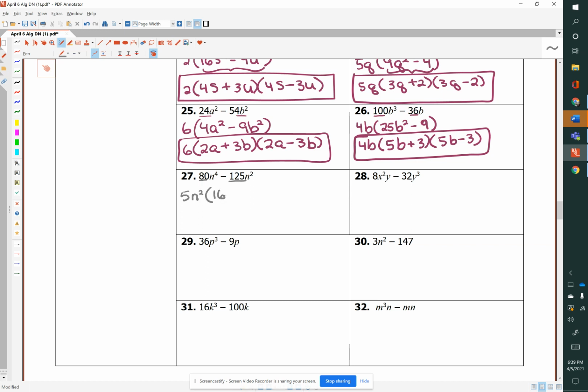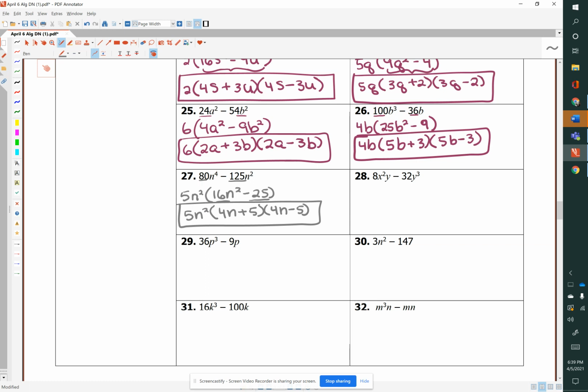That leaves us with 16n squared minus 25. So we can work with both of these perfect squares. We have a difference of squares, 5n squared, and so this would be 4n plus 5, 4n minus 5. How did you do with that?